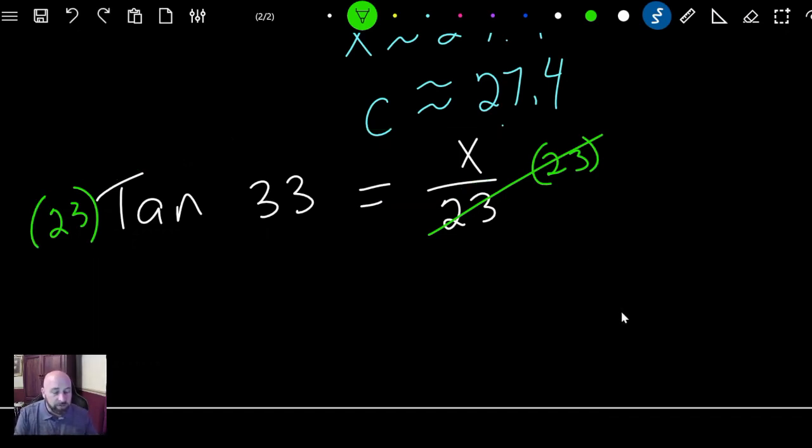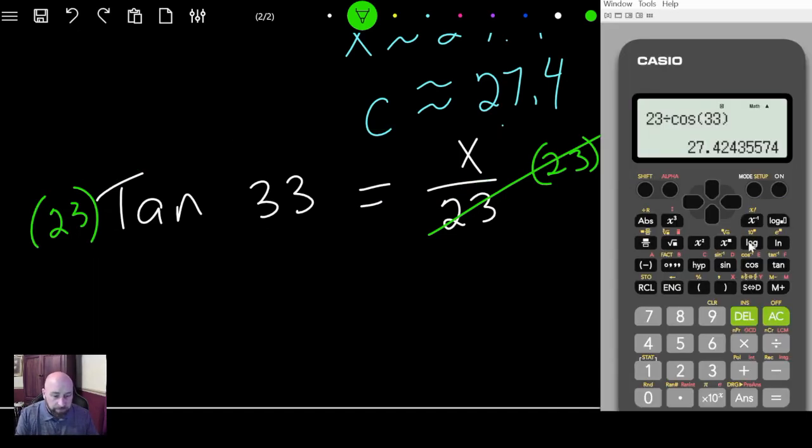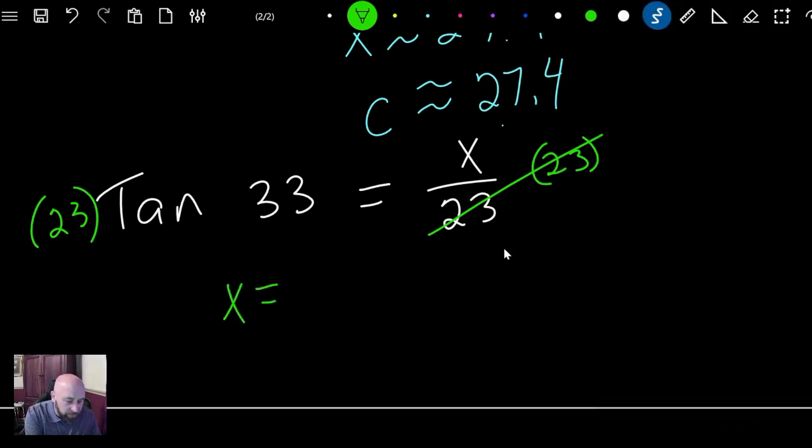So all we have to do is go to our calculator and do 23 times the tangent of 33. So hit tan of 33, close those parentheses, hit equal. We get 14.936 or 14.9. So X equals 14.9.